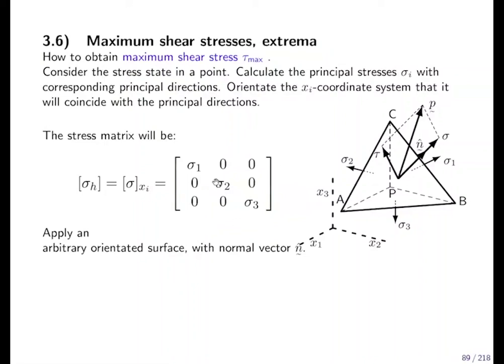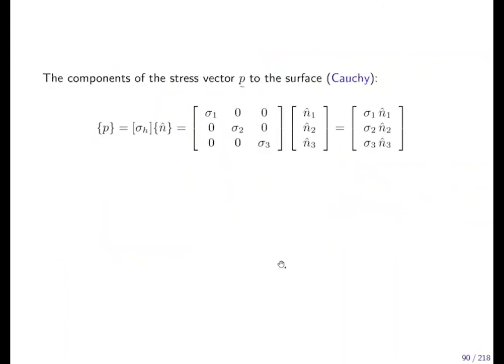So if we have the eigenvalues of stress, then we can try to find a position where the P vector is parallel to tau, to the shear stresses, and thus perpendicular to n. So apply an arbitrarily oriented surface with normal vector n and use the Cauchy formula. Now this section 3.6 is bringing together all the previous sections from 3.1 to 3.5.